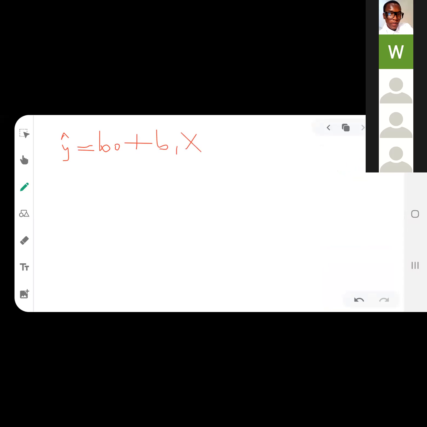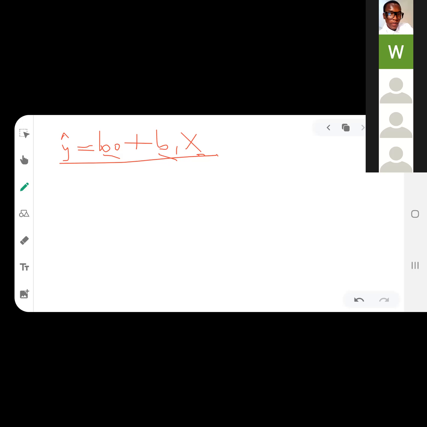And you know that this equation has B naught, and B naught has its own formula. B1 has its own formula, and X does not have its own formula. So we need to end up having this equation. Our calculator can give us that equation.